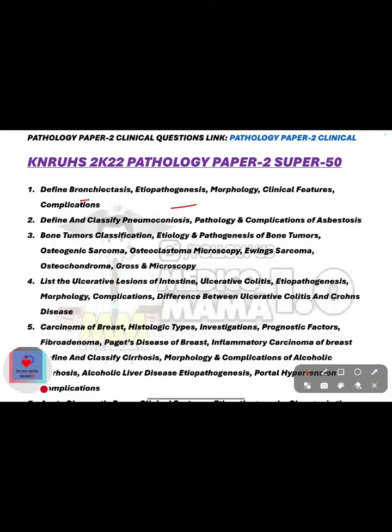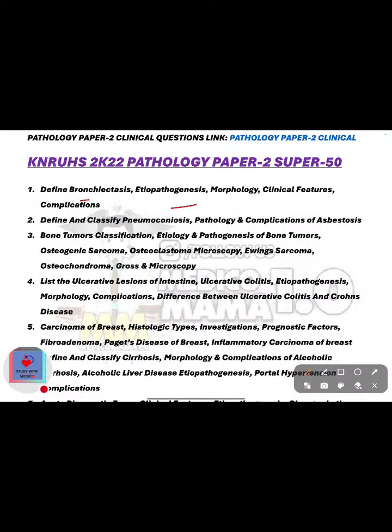Another cause is Kartagener syndrome, a ciliary disease, and cystic fibrosis.